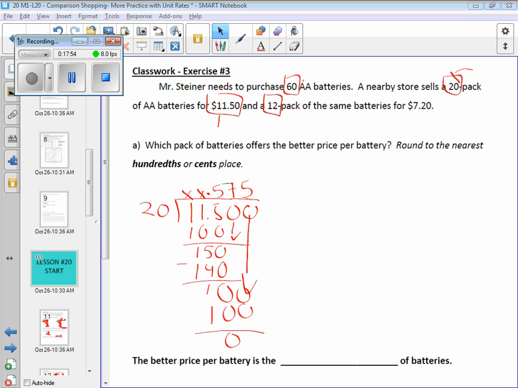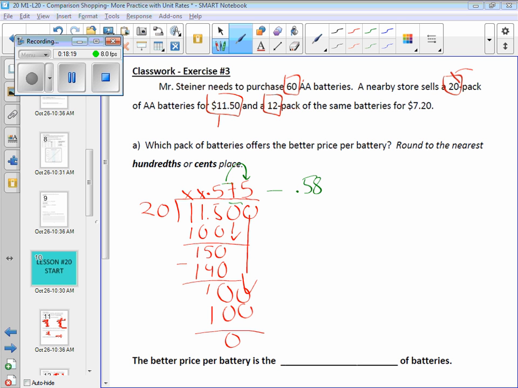Look, you have your 0.575. There's your answer right there. What is that? 0.58. Does everybody see why it rounds to 58 cents? We're rounding to the nearest hundredth. Here's my hundredth. 5 or more, bring it up to 58 cents.